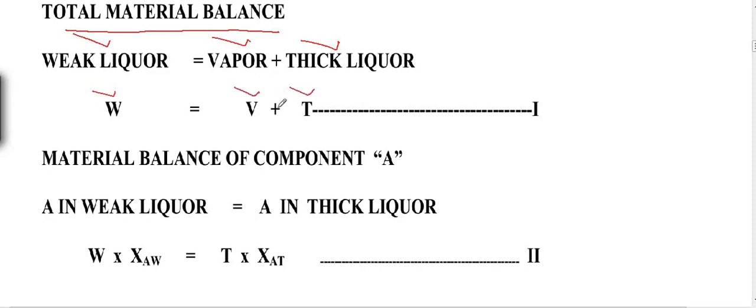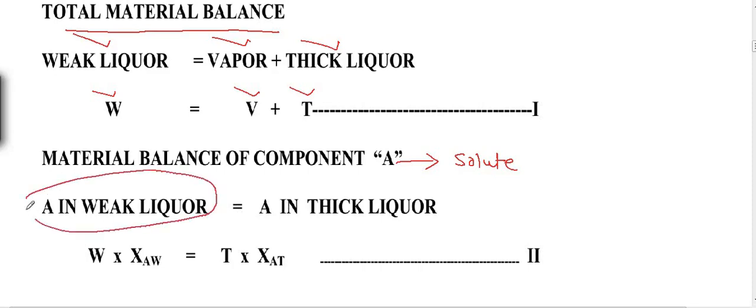Now we go for the second material balance equation, in which we take the material balance of solute, given by symbol A. Whatever solute is in the weak liquor, all of it you get in the thick liquor, and in the vapor phase solute is 0. So solute in weak liquor equals solute in thick liquor.